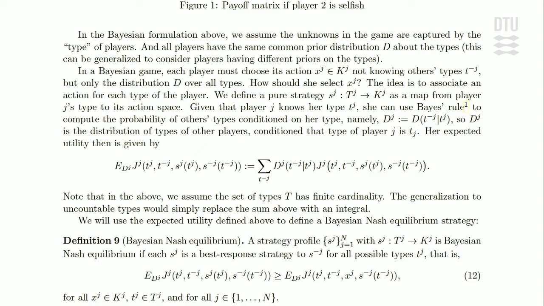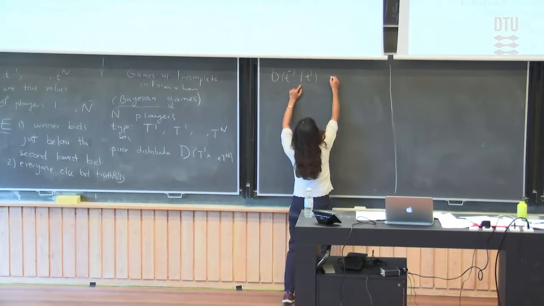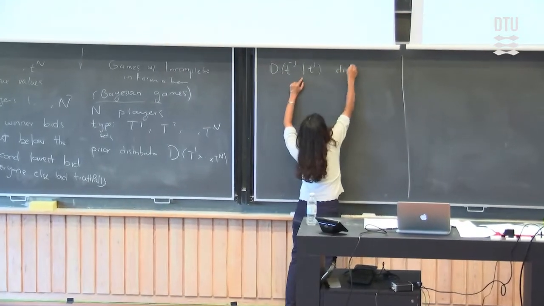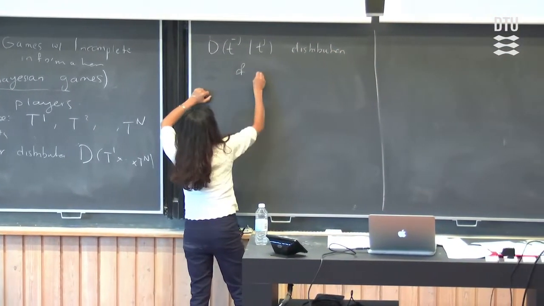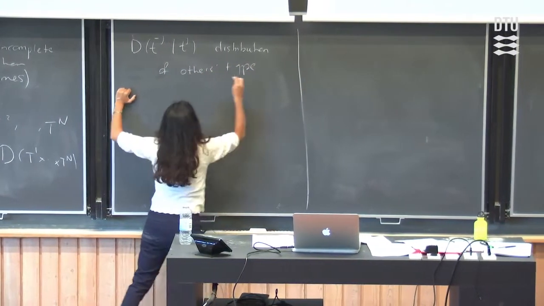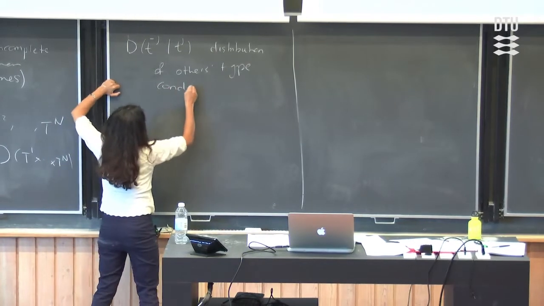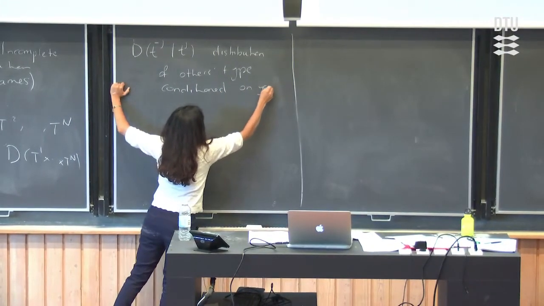If you know your own type, you can find the conditional probability D of T minus J conditioned on TJ. This is the distribution of others' types, conditioned on knowing your own type. This could be your true value.